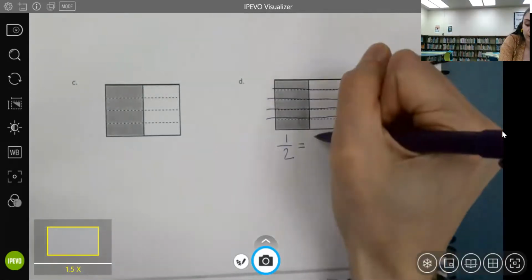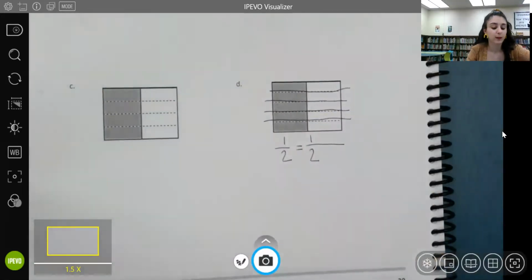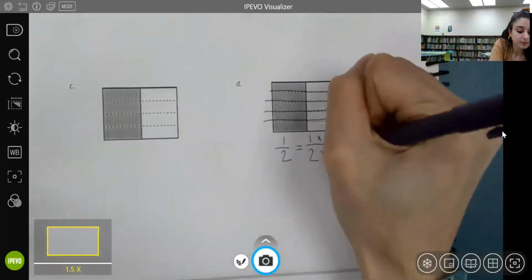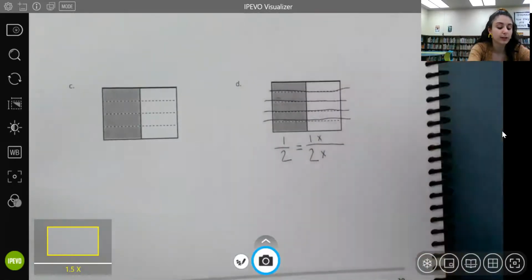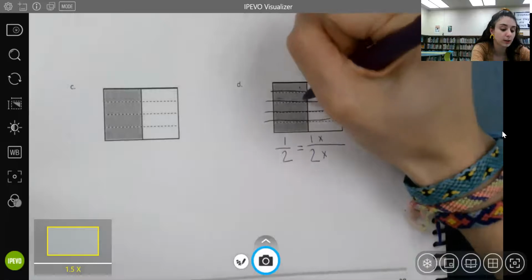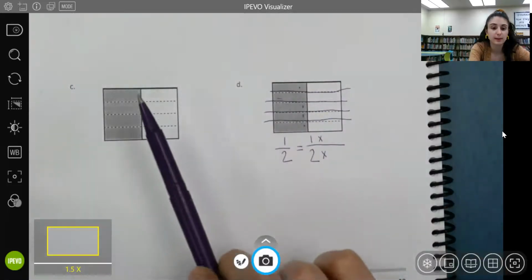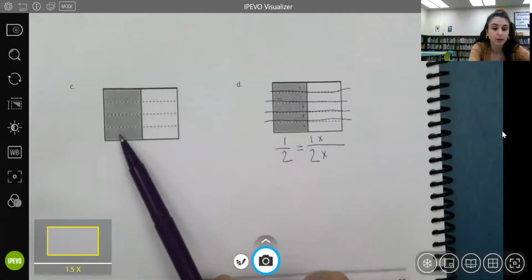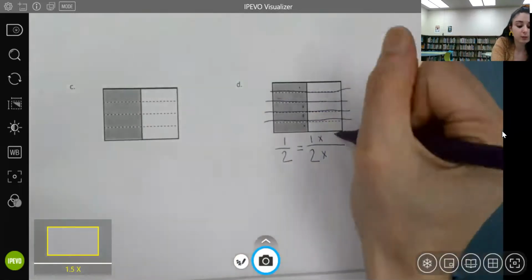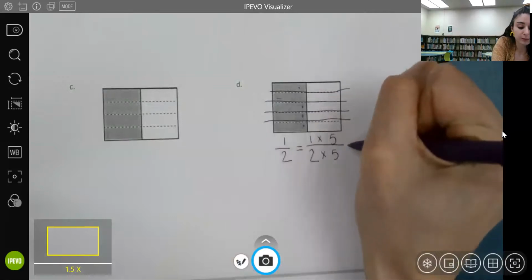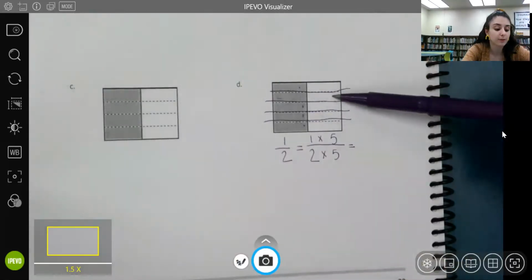So we can then write 1/2 times, and how many boxes we now have. Since we cut it with 4 lines, we can now count our boxes as 1, 2, 3, 4, 5. Because as you can see in C, you only have 4, but now we have 5. So we're going to multiply the top and the bottom times 5 because we have 5 rows.